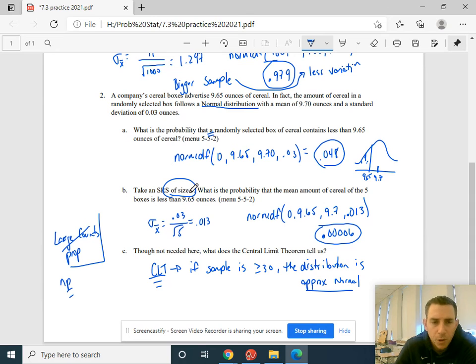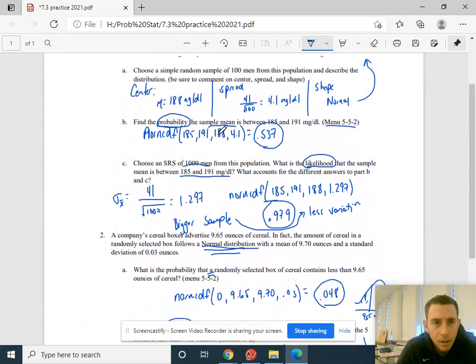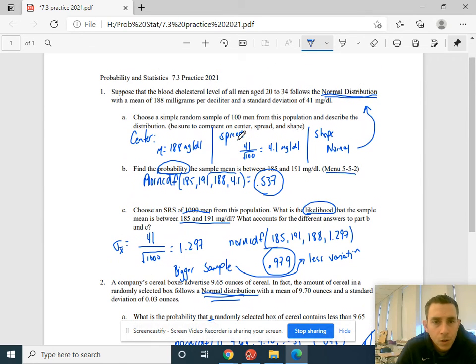Well, the sample size here was only 5. Yeah, and it didn't matter because we were told the distribution was normal to begin with. In number 1, if we weren't told this, we still could have done B and C because our sample size was considered large enough. 100 and 1,000 are obviously bigger than 30.